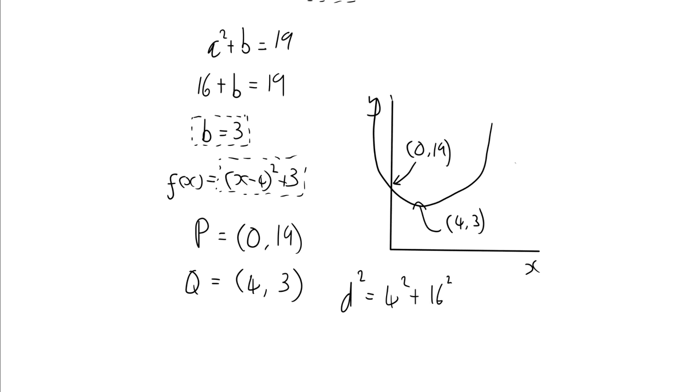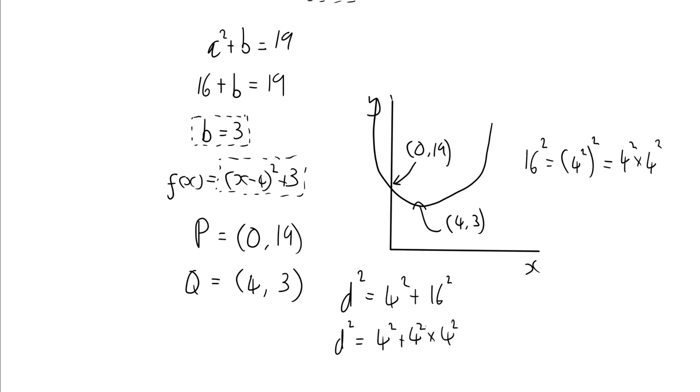We can note that 16² is equal to (4²)², because 4² is 16. So we can sub this in to our formula: d² = 4² + 4² × 4².